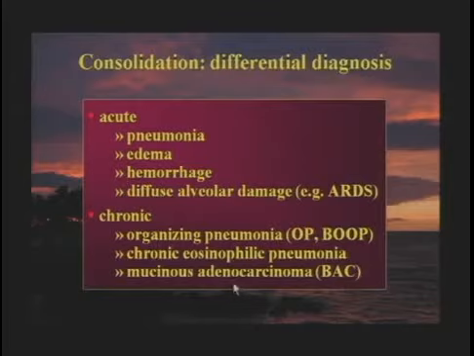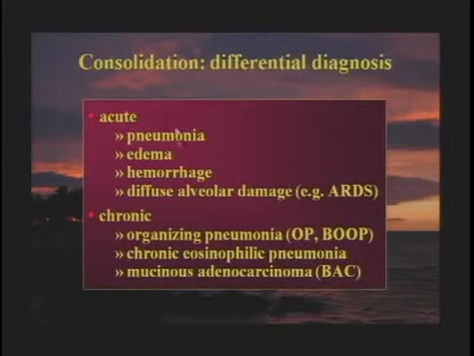Differential for consolidation depends on the duration of the patient's symptoms. It's a very simple way to approach it, but it's the way I do it. If the symptoms with consolidation are acute, then you think of pneumonia, pulmonary edema, pulmonary hemorrhage, or diffuse alveolar damage, which is the histology of ARDS.